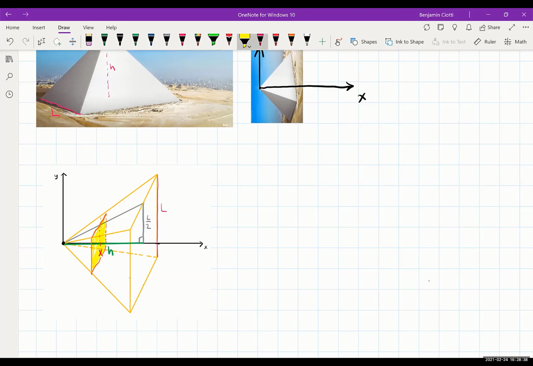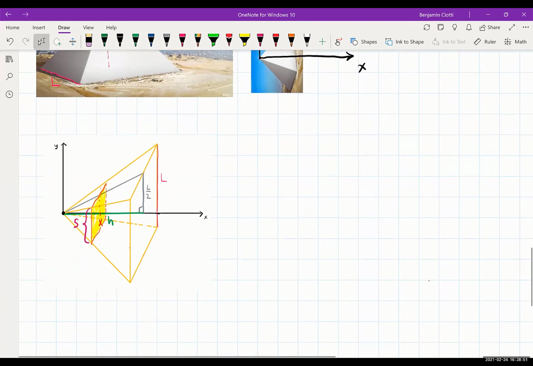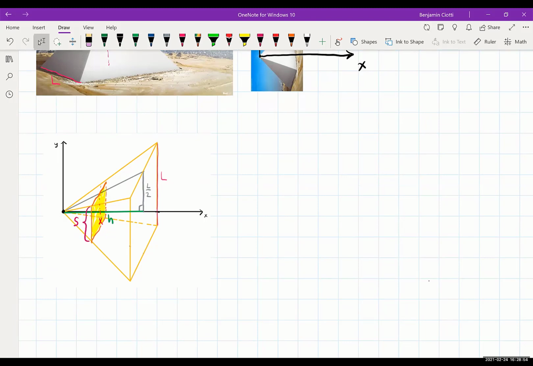Cross sections are squares. Let's suppose that their side length is s. So if I can figure out what the side of the square is, then my cross-sectional area will be s squared. Sorry, no, that should be s of x. I just need to get that in terms of x. That's the challenge, and that's where we're going to have to use some geometry.